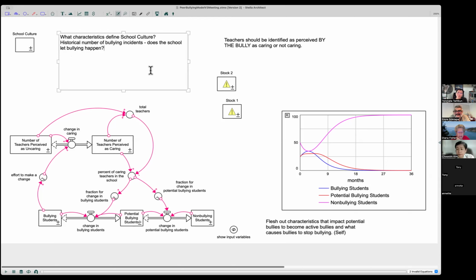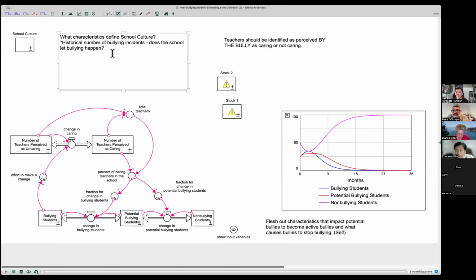I think that's a really good point. That is a characteristic that we could quantify. Is it a high rate of bullying for many years, in which case more serious effort would have to go into changing that particular culture? Will that help in the programming, Emre, if you have that number?